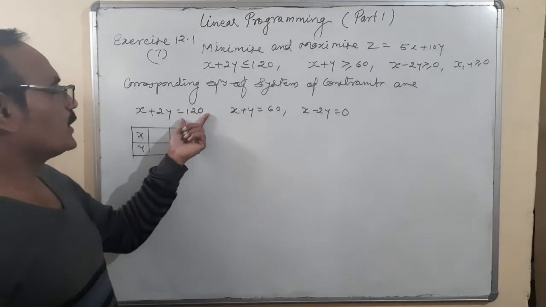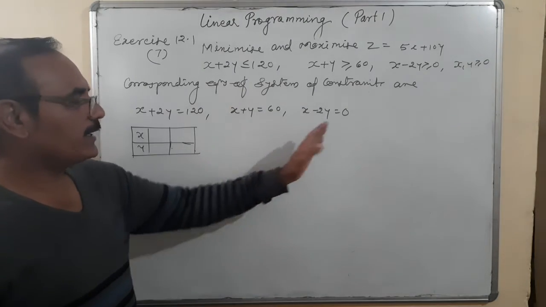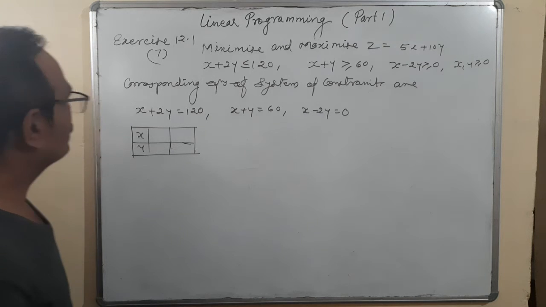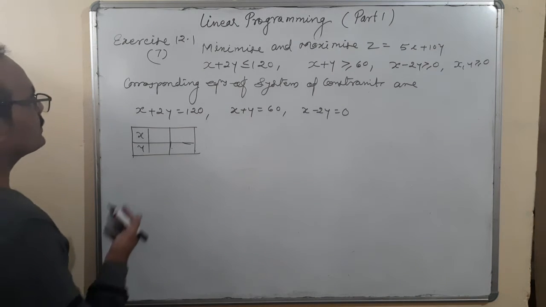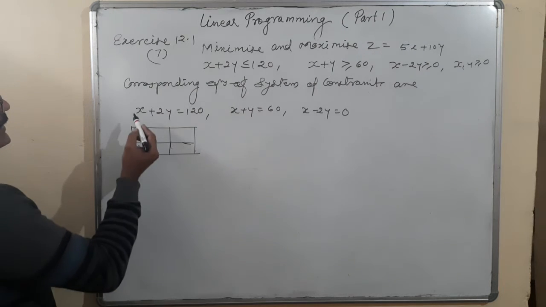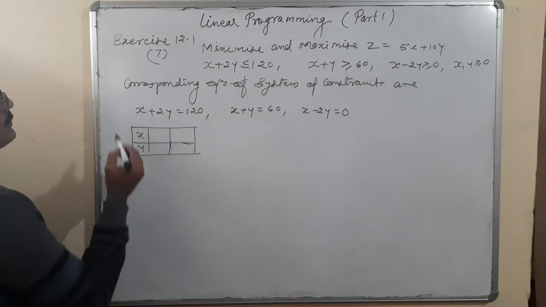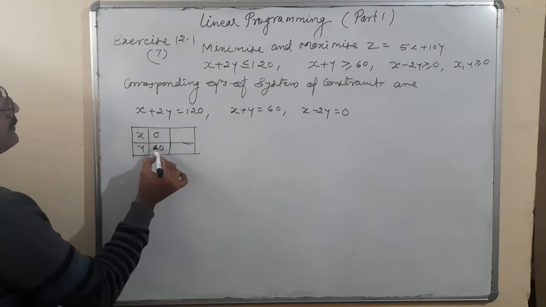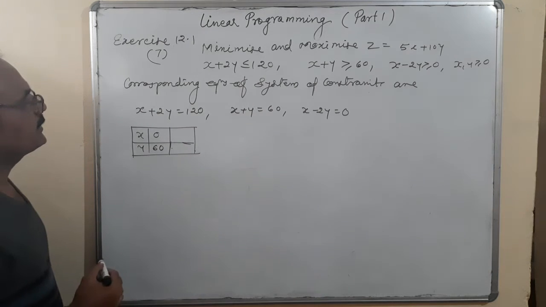I am getting two values. See here it is 120 that is given, so better to make a graph having a scale of 10 centimeter, 10 unit. So I am taking the values 10, 20, 30 like that. When I take x is equal to 0, then y is equal to 60.